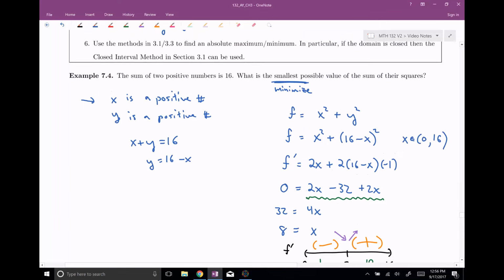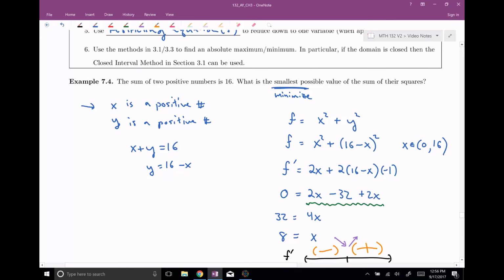Let's go ahead back up here. What does it want? It wants the smallest possible value for the sum of the squares. In this case, I have an x value, but it wants to know the smallest possible value for the sum of the squares, so I want to figure out the f value. Let's go ahead and plug in 8 into our f.